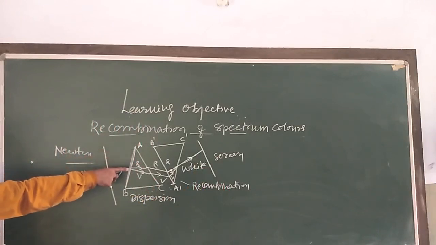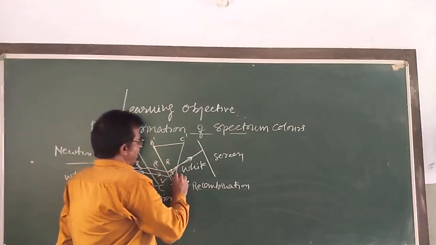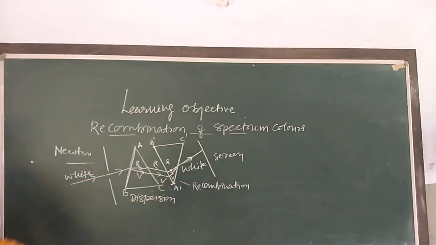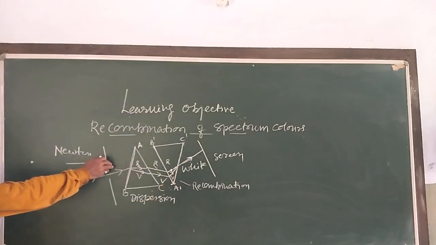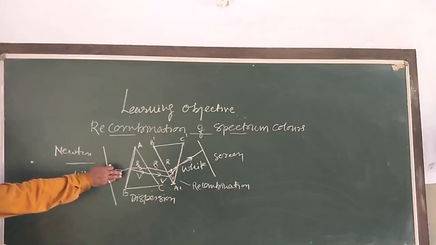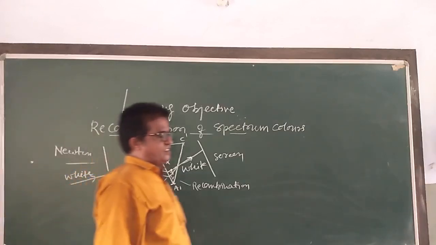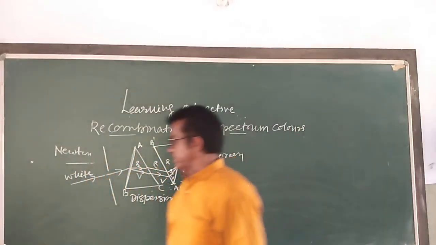This happens because the angular dispersion produced by the second prism is equal and opposite to the angular dispersion produced by the first prism. So this observation gave Newton the idea that sunlight is made up of the 7 colors. This is called recombination of colors.